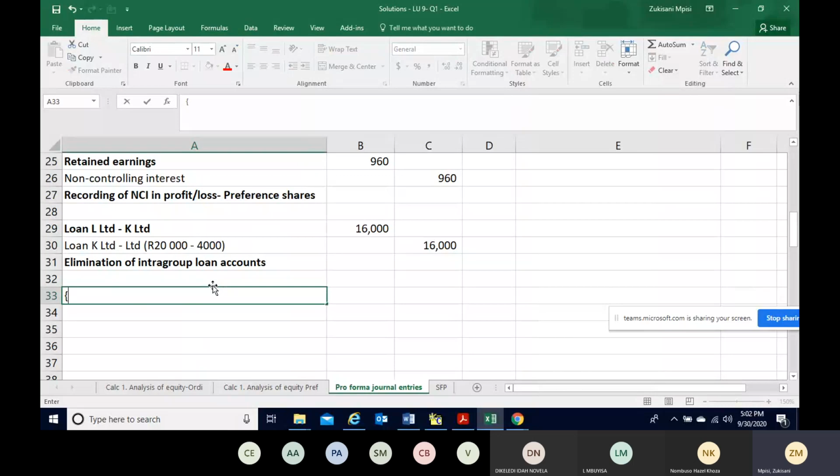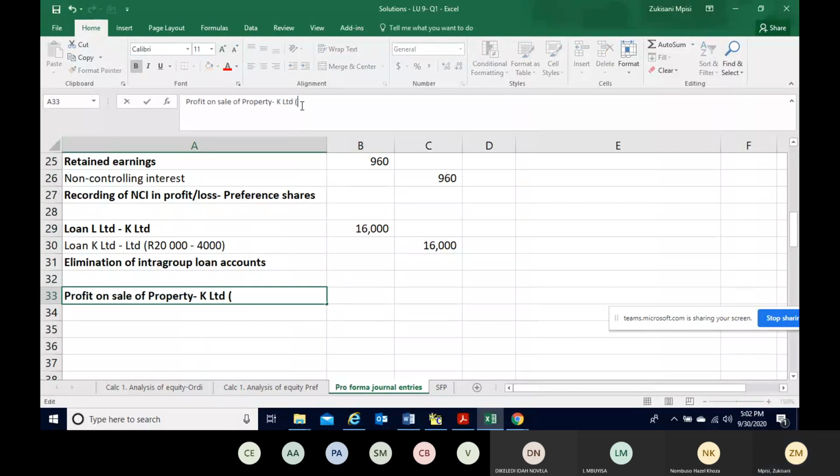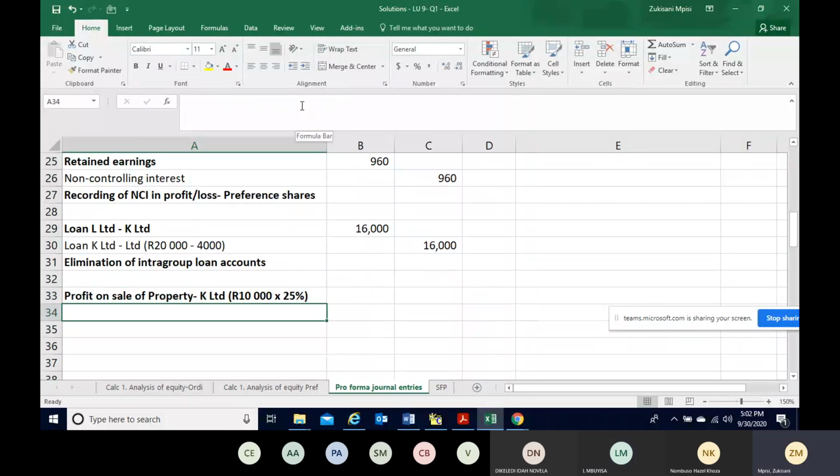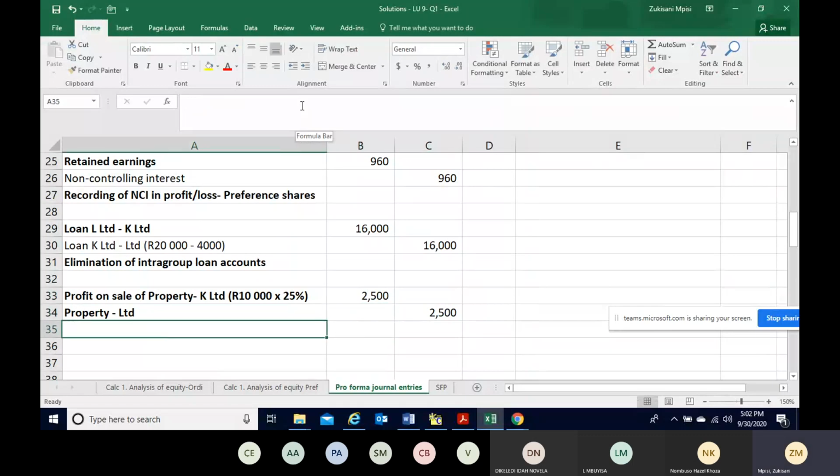The profit that would have been realized on sale of property, the books of K Ltd, who is the seller, would now need to reduce 10,000 multiplied by 25%, and then we would have to reduce the value of property that has been recognized by L Ltd, so that it is not overpriced by the 2,500.